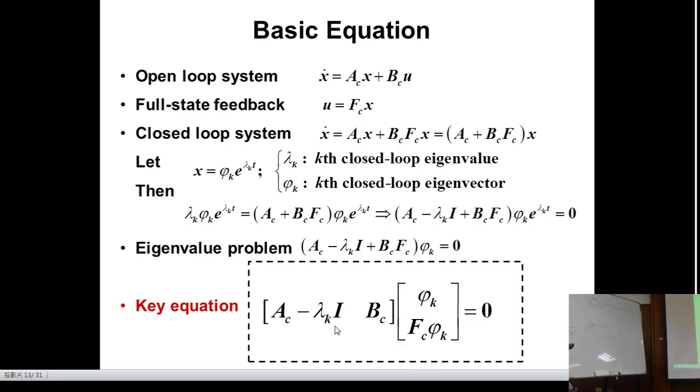Now, each lambda k has its own null space vector. K is the eigenvalue. For 2 by 2, how many eigenvalues do you have? 2. For 4 by 4, how many eigenvalues do you have? 4. And they always double, so it's either 2, 4, 6, always even.